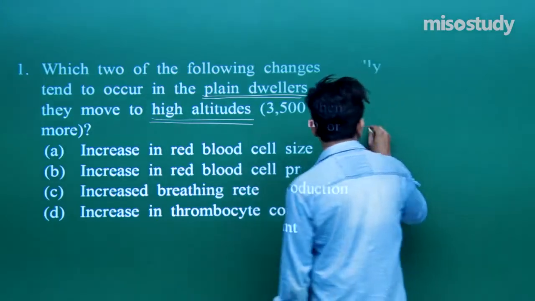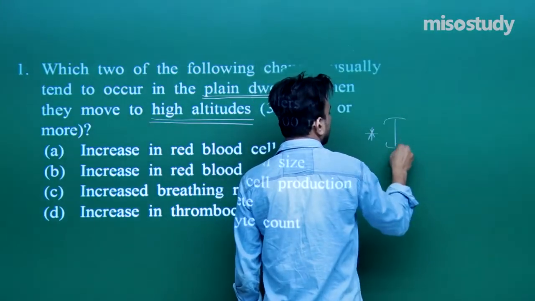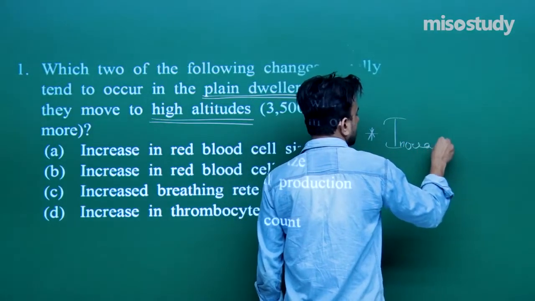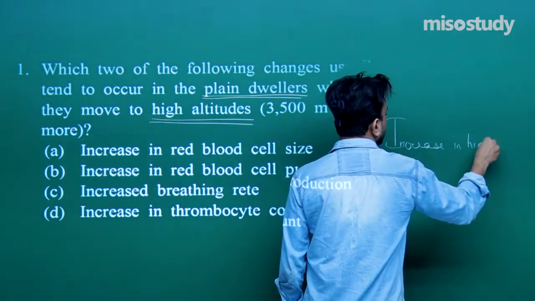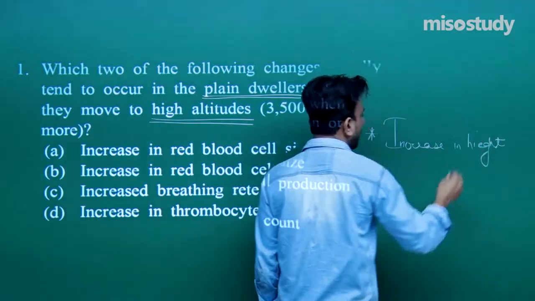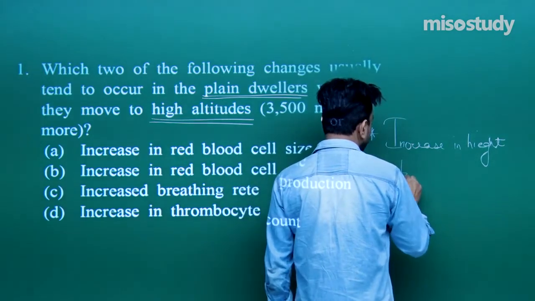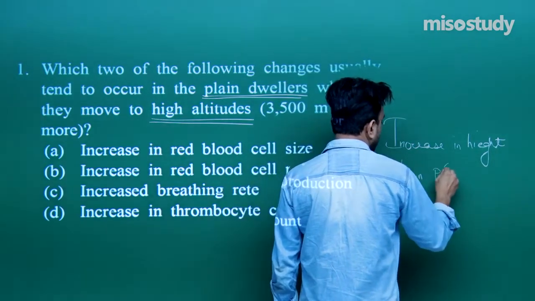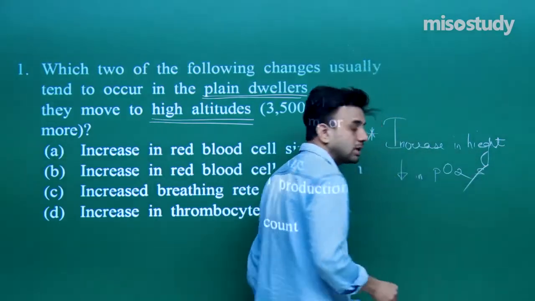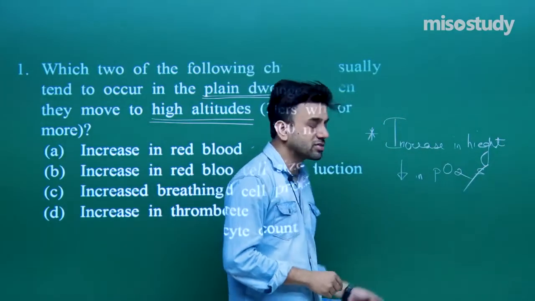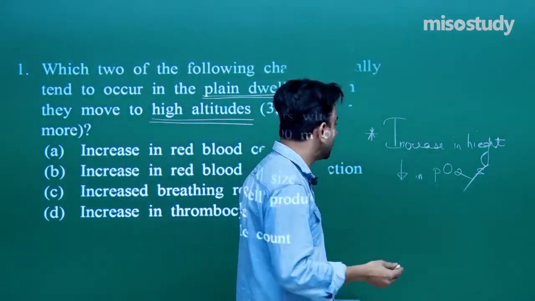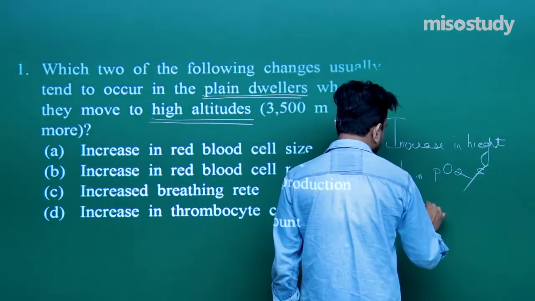Whenever there is an increase in height, or when you go upstairs, there will be a decrease in the partial pressure of oxygen, and along with that there will be a decrease in atmospheric pressure.